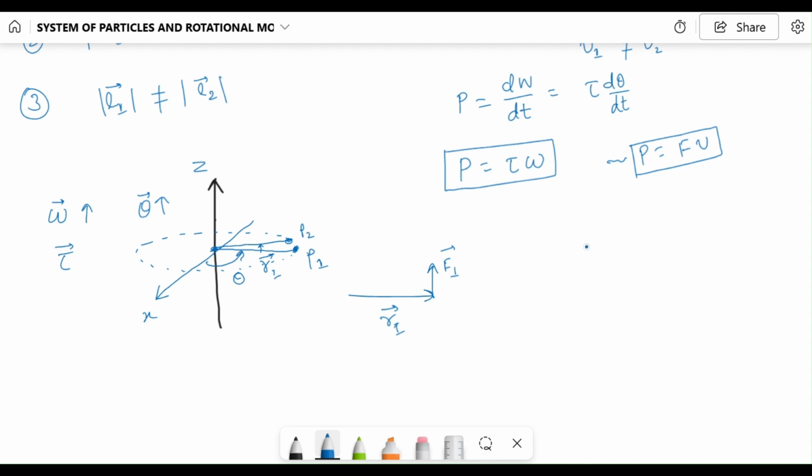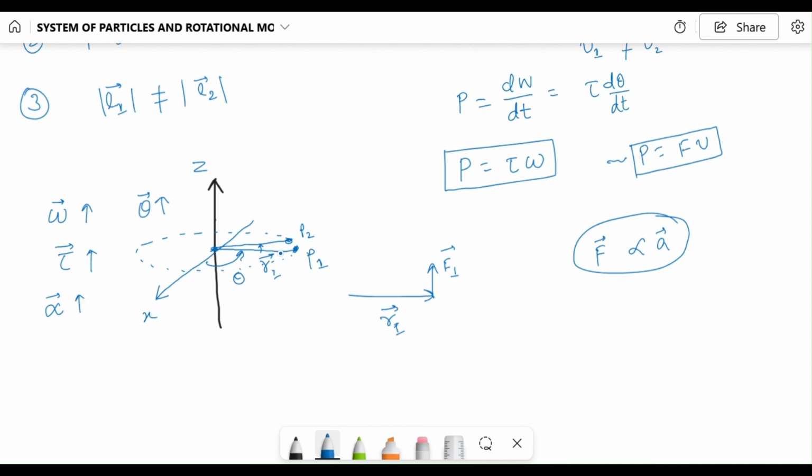And now what about angular acceleration? We can guess from here that these two things are along the same direction. So if torque is acting along the positive z direction, the angular acceleration should be along the same direction. So here angular acceleration is also along the positive z direction.